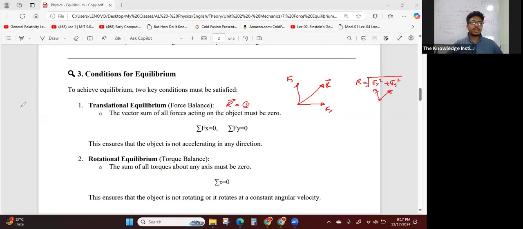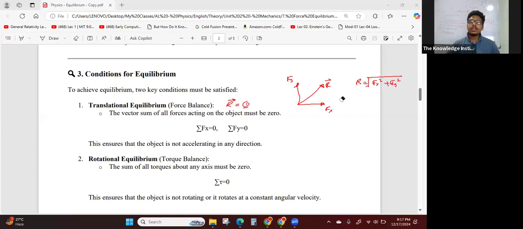0, right? Now, in vectors, you studied systems of coplanar forces, how to find the resultant of a system of coplanar forces. We resolve into horizontal and vertical components, and then we take horizontal components separately, and vertical components separately.